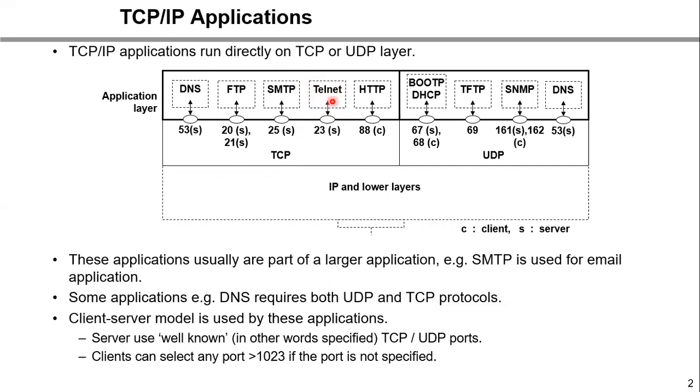Whenever you want to log in to, let's say, server from your home or remote machine, then you should be using telnet protocol. It uses 23 port number. And as you know, HTTP, it uses 88 for client and 80 for server. So you might have to add that.